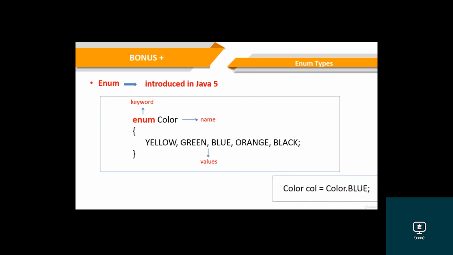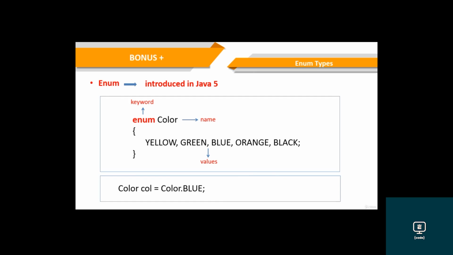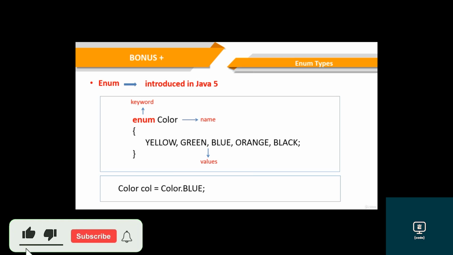The test code Color call = Color.BLUE assigns a value to the variable call of the enum type Color. The variable call can take any of the 5 defined values, but in this case, it's set to BLUE.